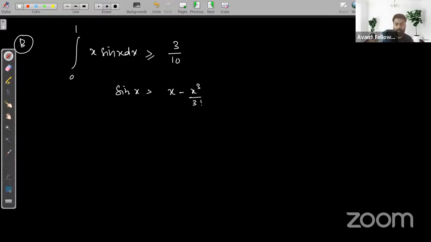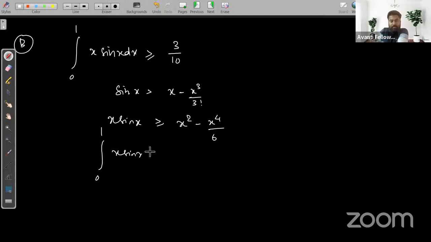When you multiply by x, x sin x is greater than or equal to x square minus x to the power 4 by 6. And if you integrate x sin x with respect to x from 0 to 1, it will be the integral from 0 to 1 of x square minus x to the power 4 by 6 dx.